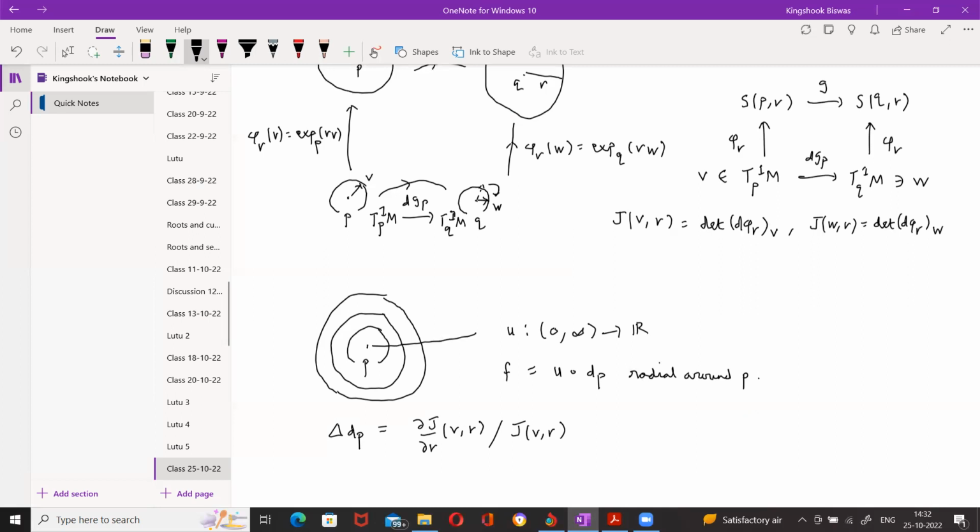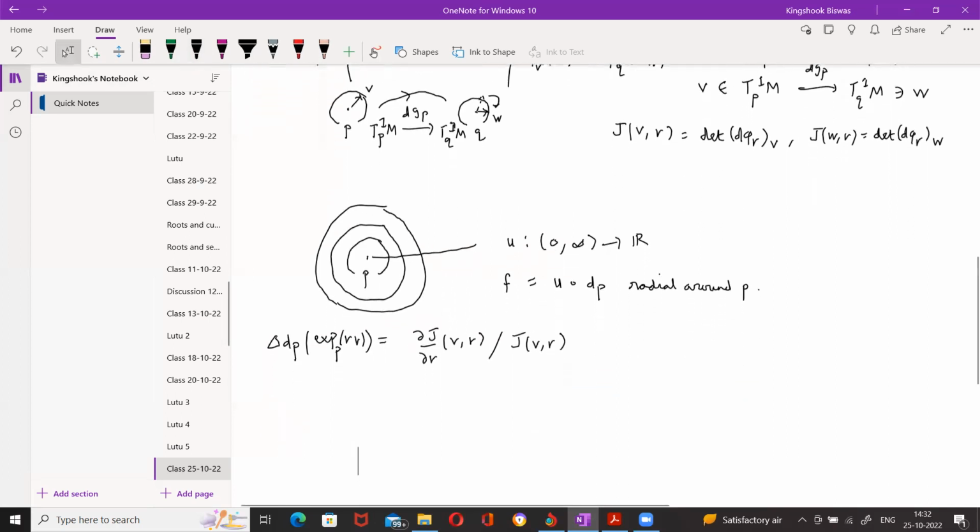What do I mean when I write this formula? This is the Laplacian of the distance function at the point exp_p(rv).